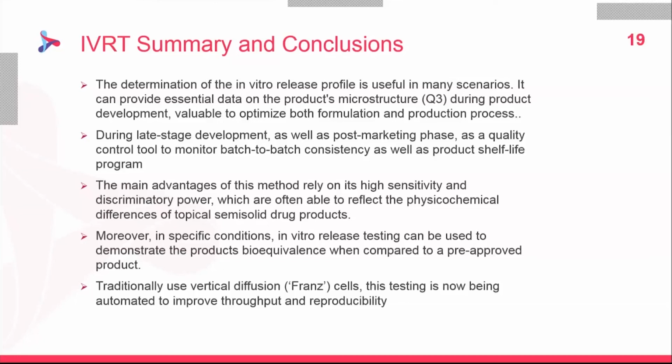In specific conditions, in vitro release testing can be used to demonstrate product bioequivalency when compared to pre-approved products. Regulatory bodies increasingly expect IVRT to be used as a quality tool as part of all semi-solid QC release and stability specifications. Traditionally used vertical diffusion cell testing is now being automated to improve throughput and reproducibility.